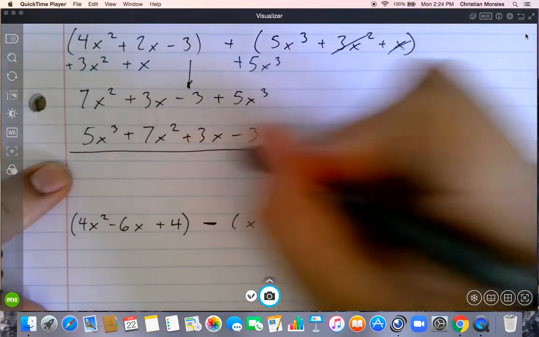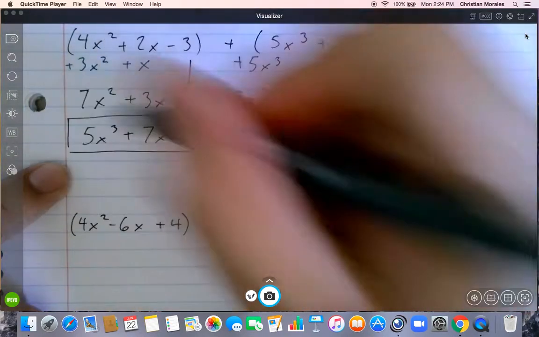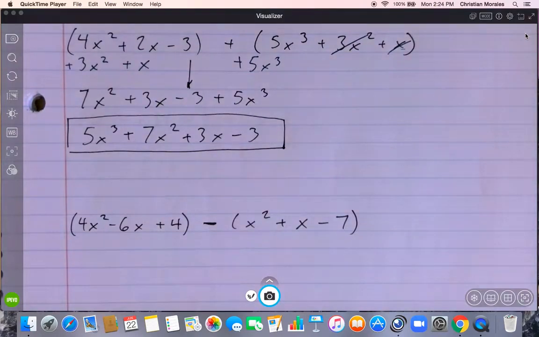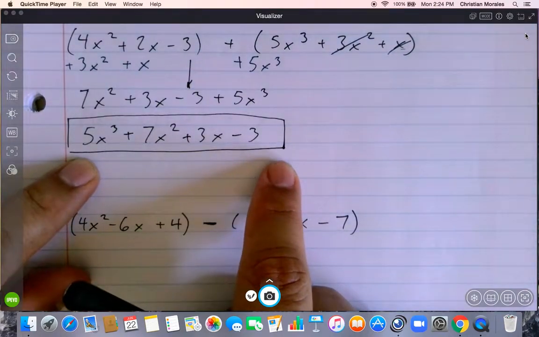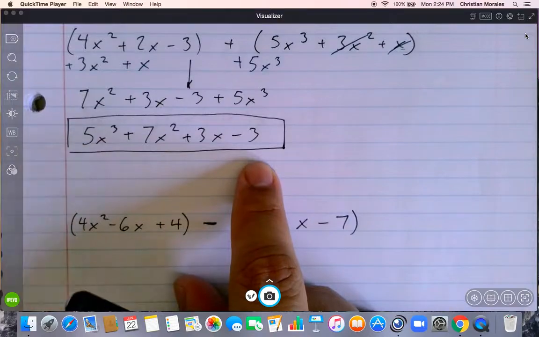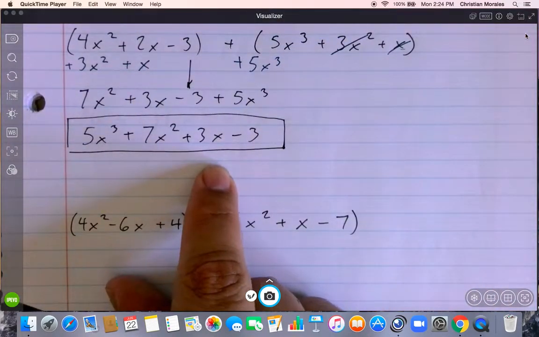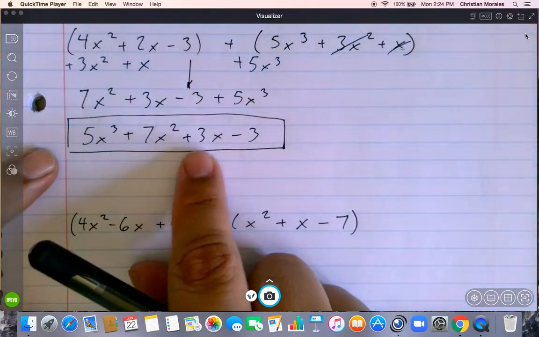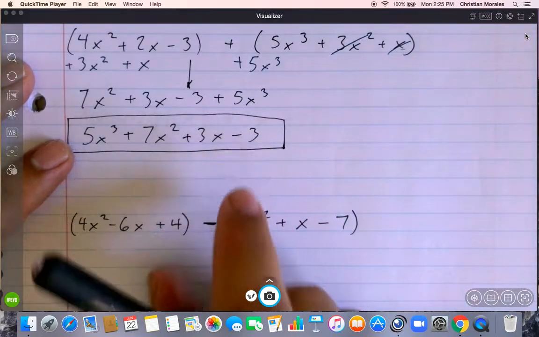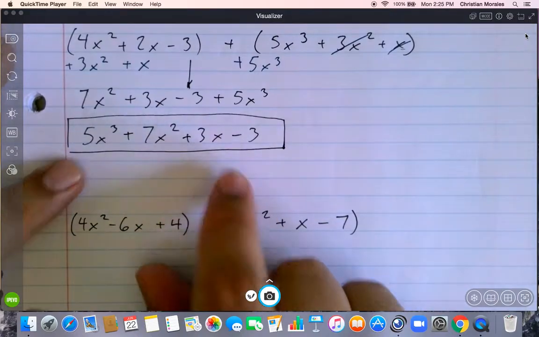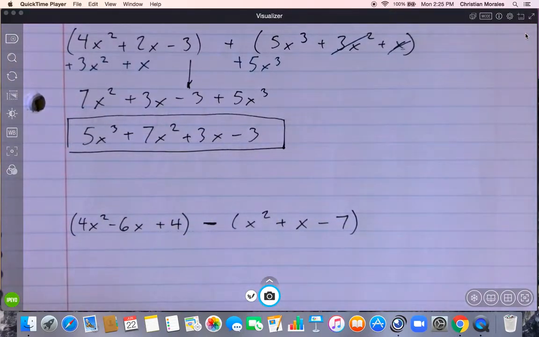And this is the correct answer. If I added up these trinomials, this would be my answer. So 4 terms, yeah. Just because they're both 3 terms doesn't mean you're going to get 3 terms in your answer. You have to match up the like terms, and sometimes you'll end up with more. And sometimes they'll cancel out, you'll end up with less. Okay, so just be very careful.